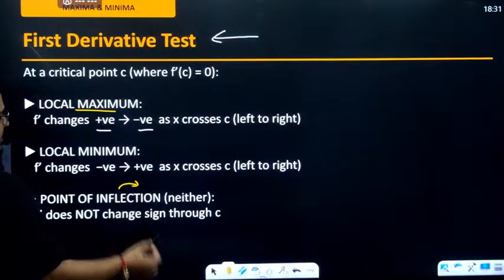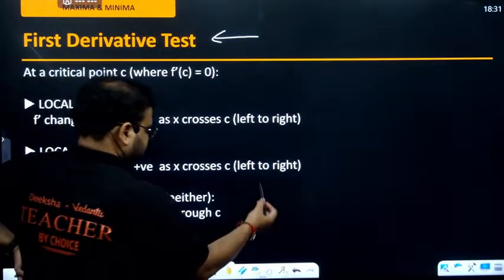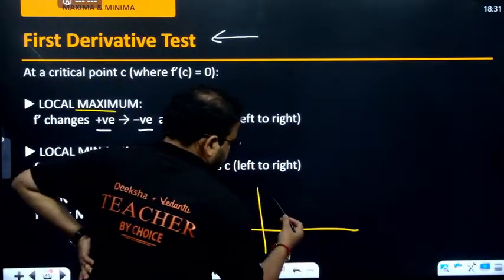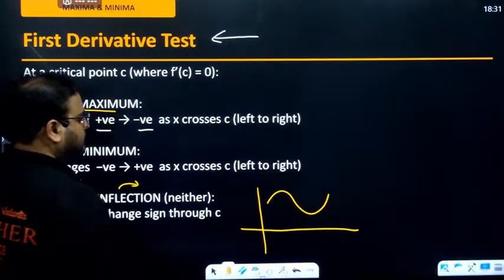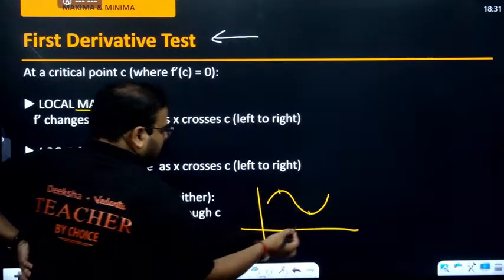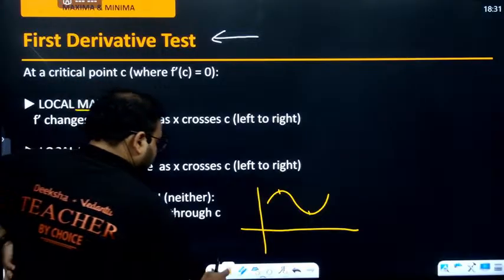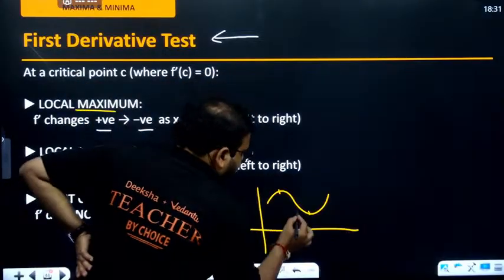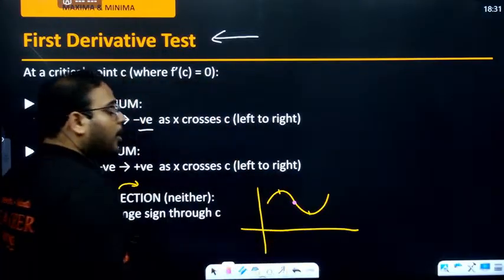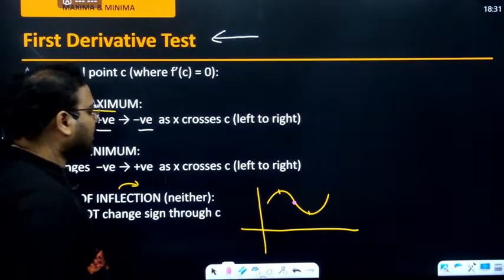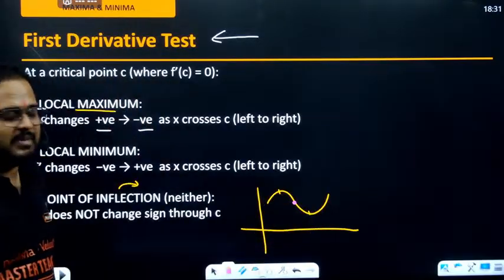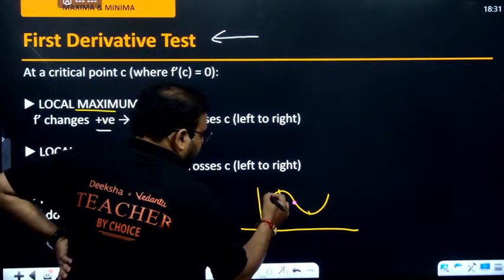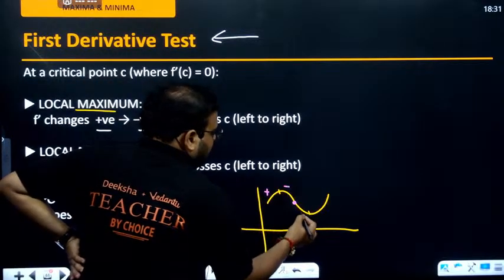This is what, point of inflection. What is this? Look at this. So, this is my local maxima, this is my local minima. Clear, sir? But if you look carefully, there's a point that is hidden over here, a point about which the concavity is changing. This is concave down, this is concave up. Means about this point the derivative is minus, here also minus.